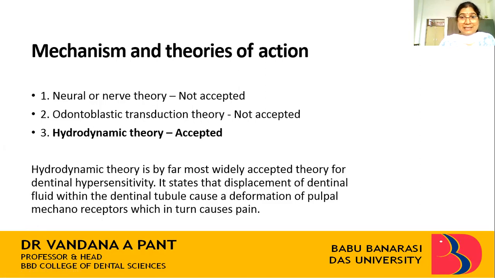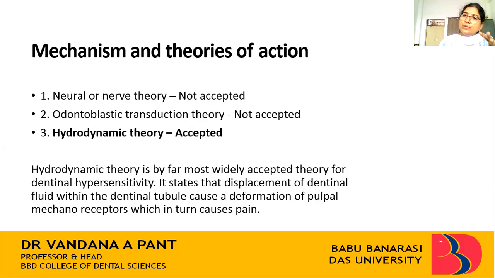It states that displacement of dentinal fluid within the dentinal tubule causes a deformation of the pulpal mechanoreceptor, which in turn causes pain. Because there are no nerves, and the odontoblastic cells are not innervated, those two theories are not accepted.